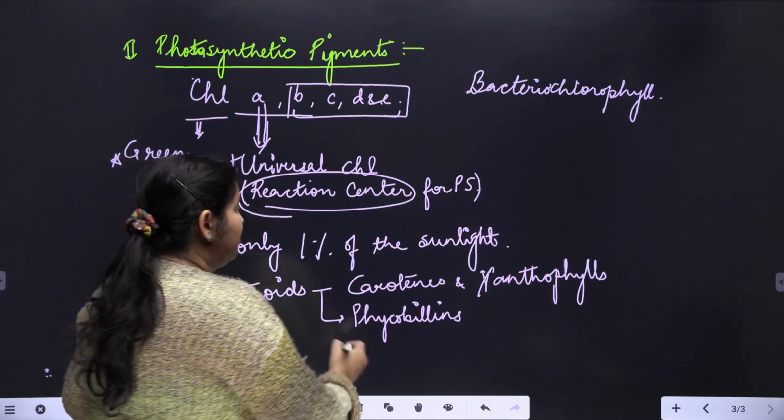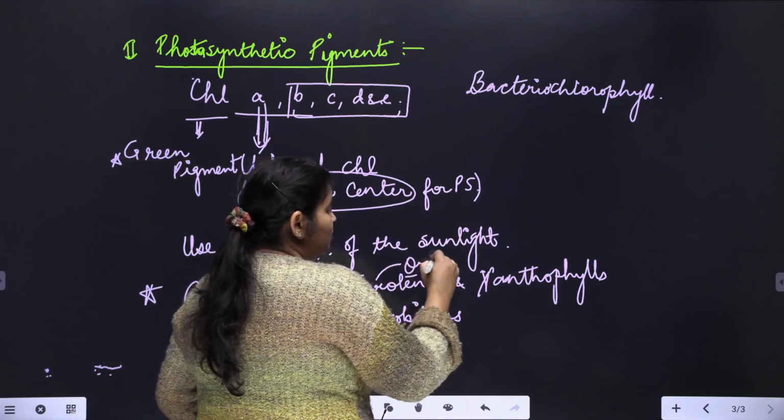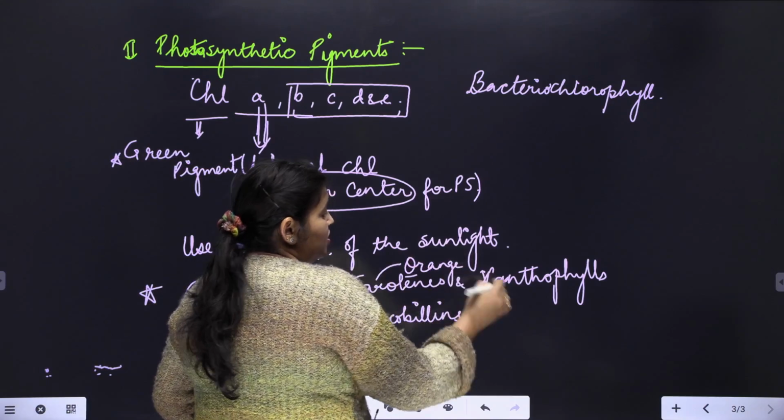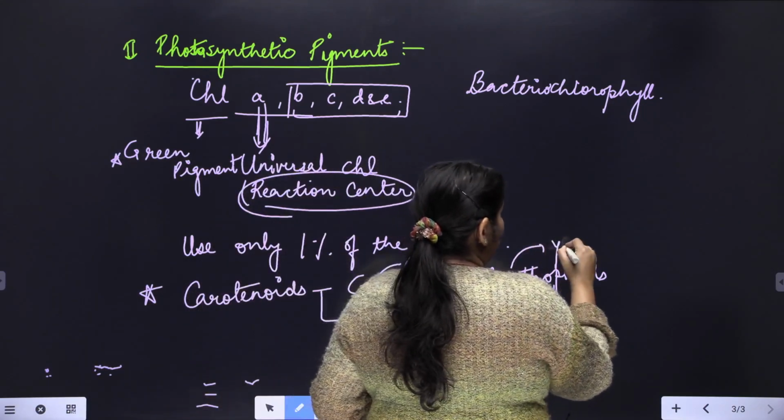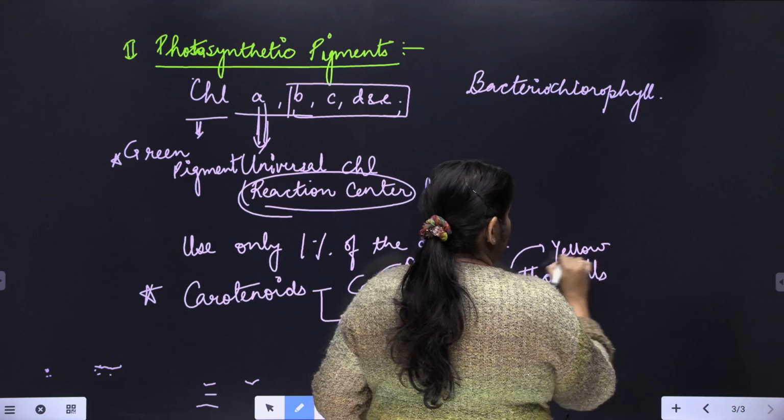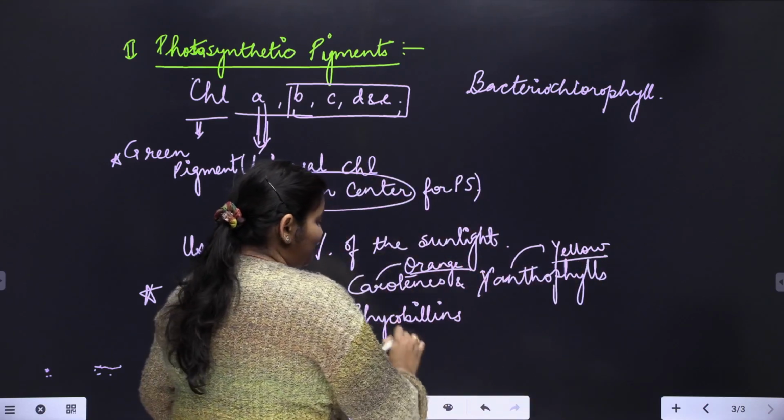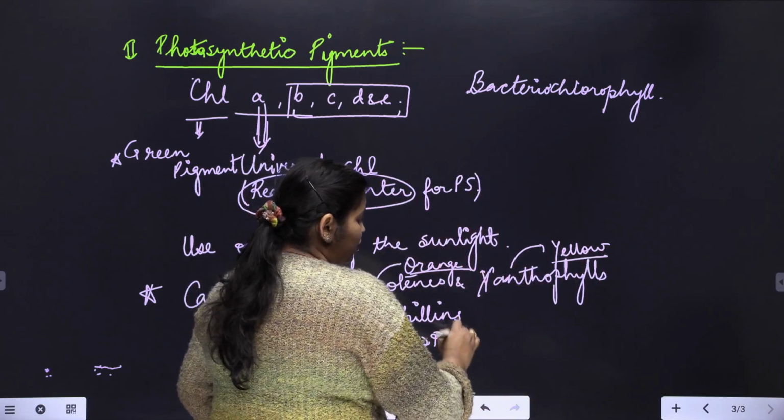Carotenes are orangish in color, xanthophyll is yellow, and phycobilins are red-brown in color.